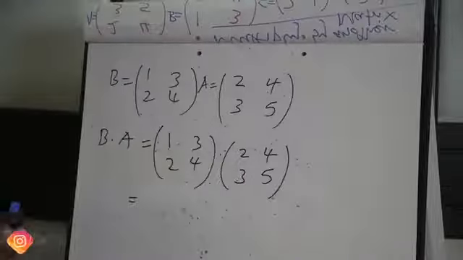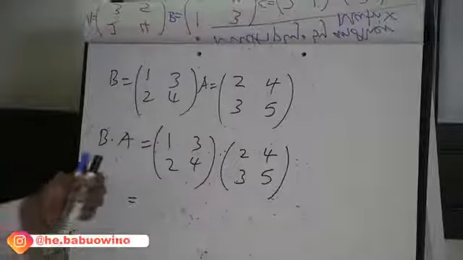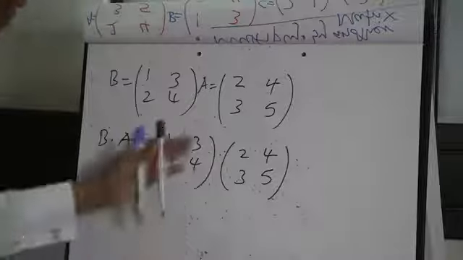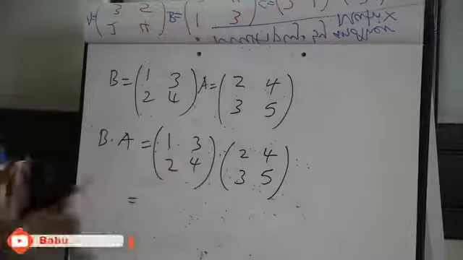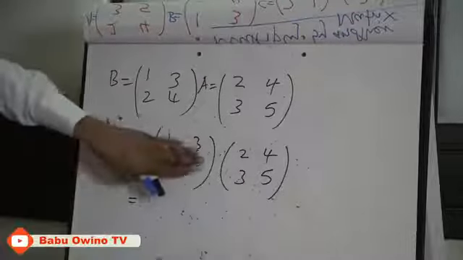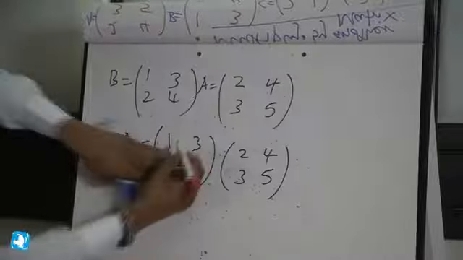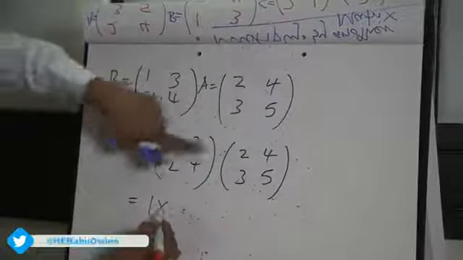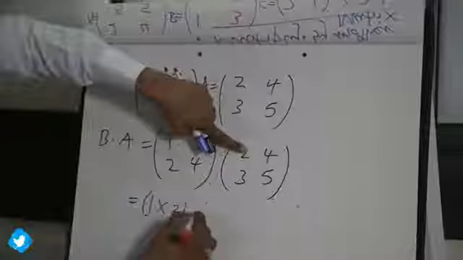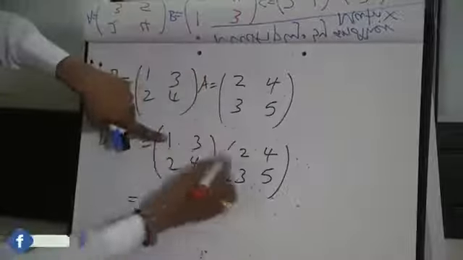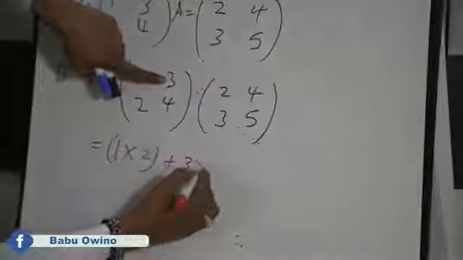So you must be very keen because you can make some small errors when multiplying this. So you be very keen, you multiply rows by columns. So when we cover this, the first row is 1 times 2 plus 3 times 3.